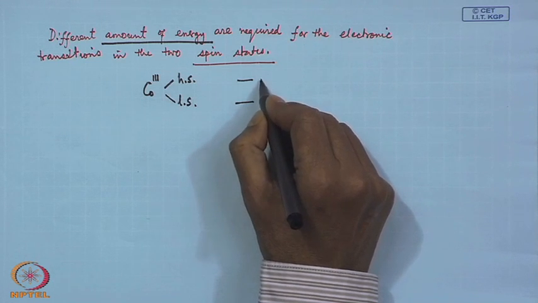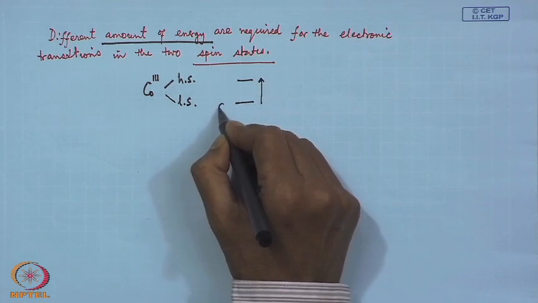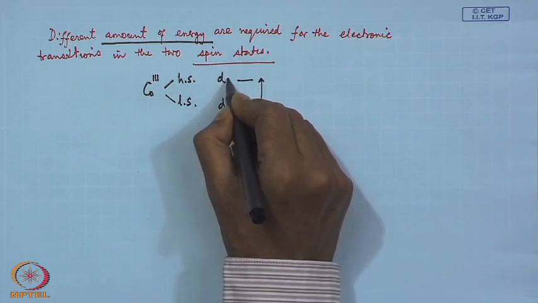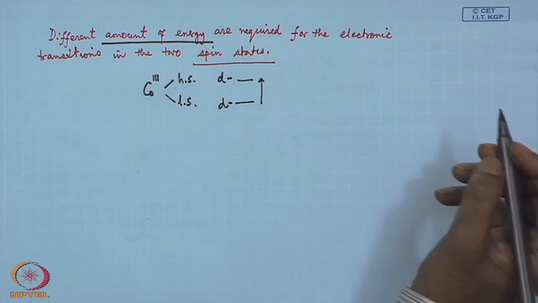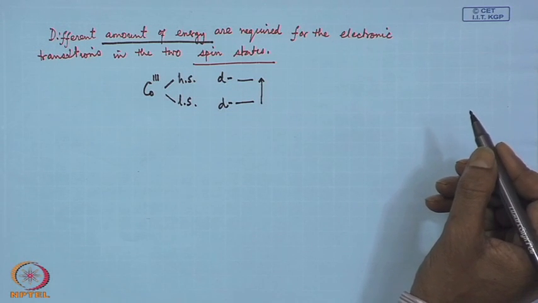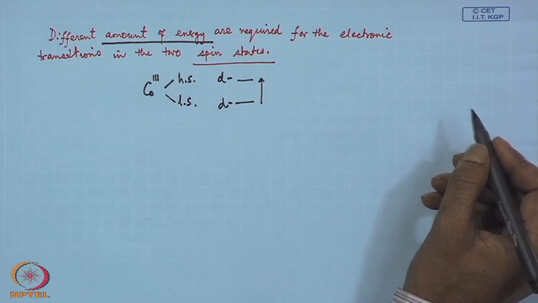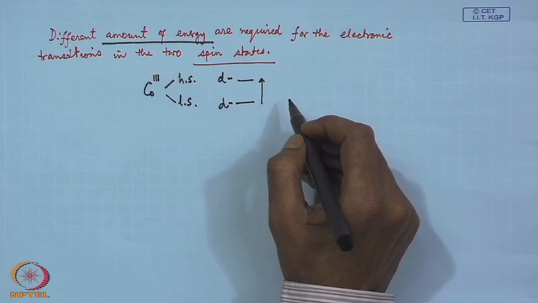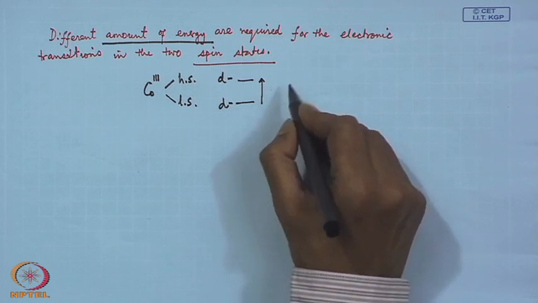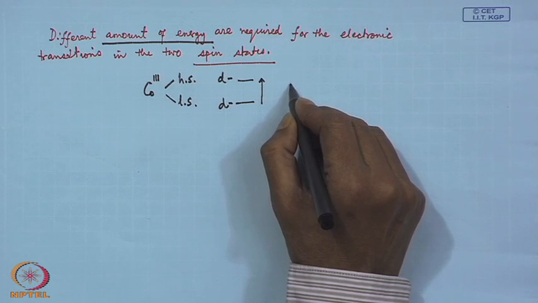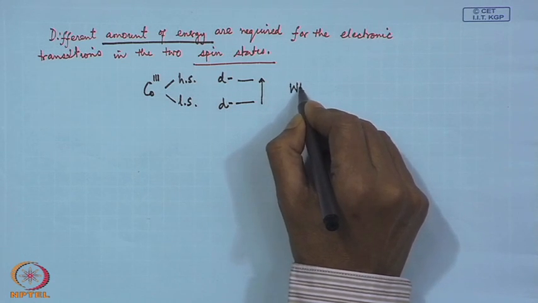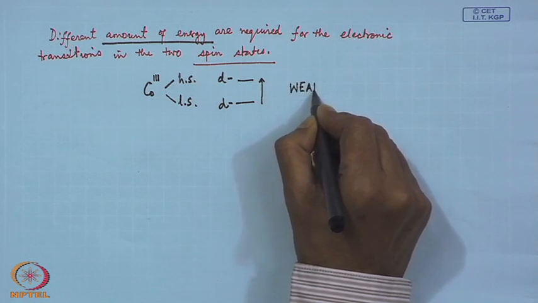So, the transition taking place from one d type orbital to another d type orbital, that is why we call it a dd transition. But through some selection rules and other parameters that can control the transitions, we will find that these dd transitions are not very much allowed. That is why the intensity of these transitions is weak.